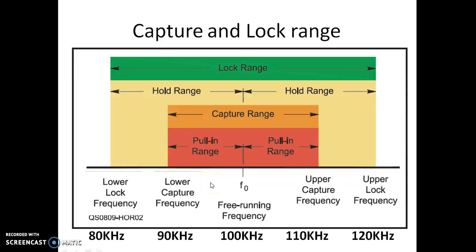Meaning to say, if you want to lock any input signal, first the input signal has to come within the capture range. You can see this is the capture range. Once it is captured, it can be held up to this range as well as this range. So this is called the hold range around f0. This is the prevailing frequency.